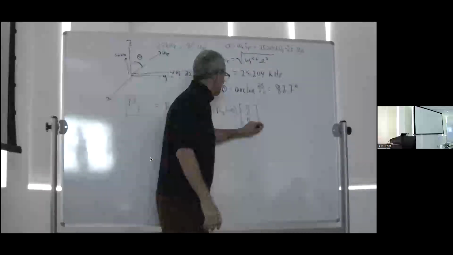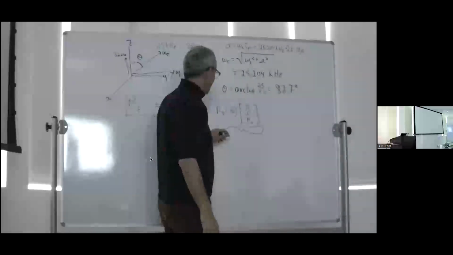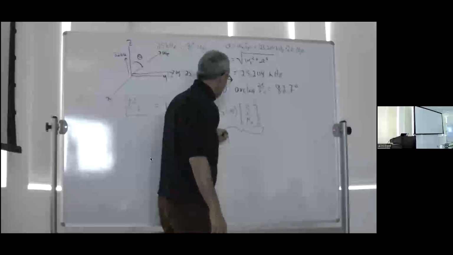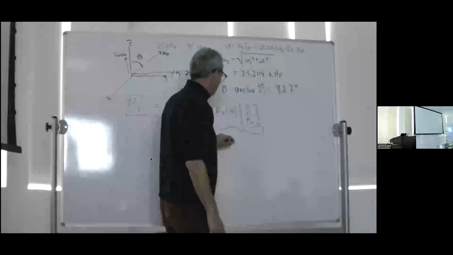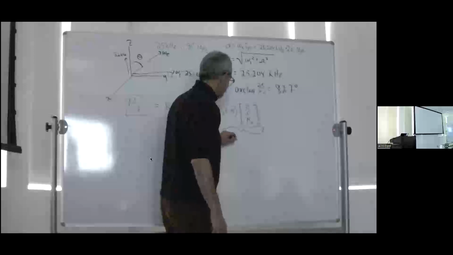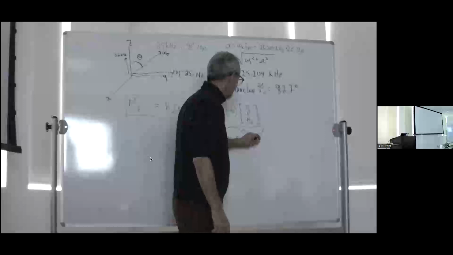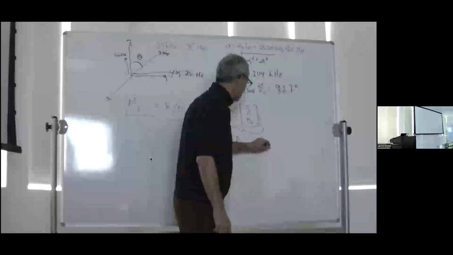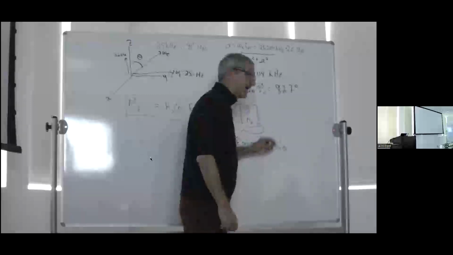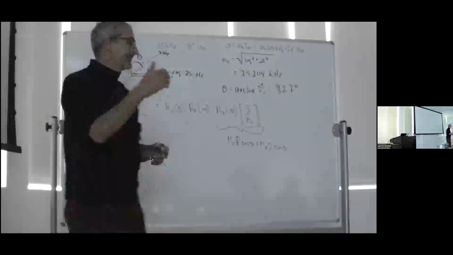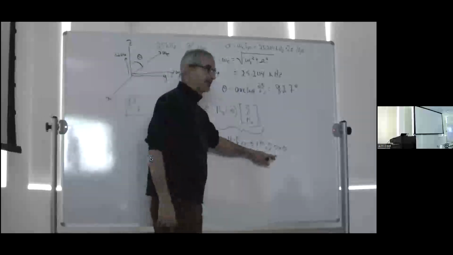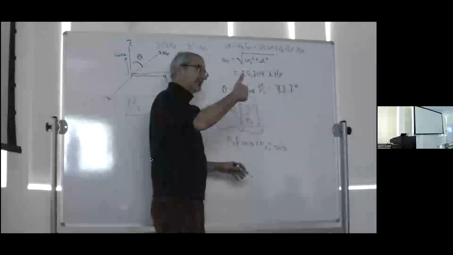So after this first rotation, we would have magnetization still on the Z axis, unit vector K and cosine of whatever theta was, and then plus magnetization on the plus Y axis, sine of theta.